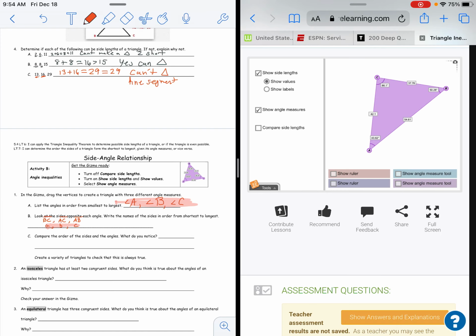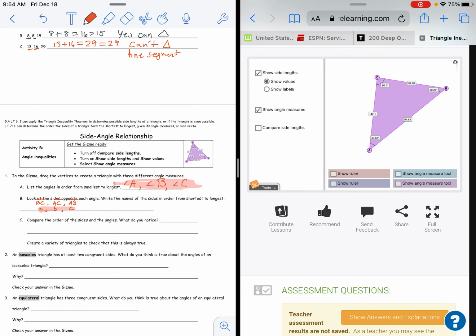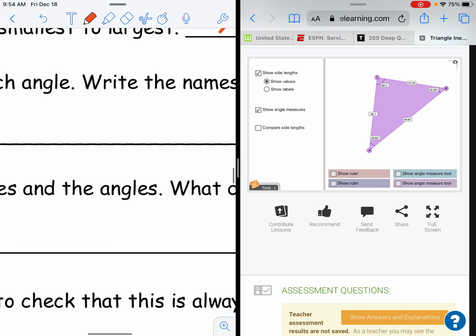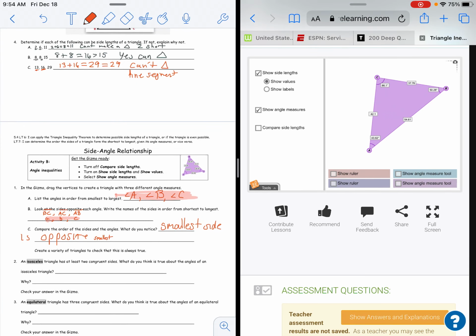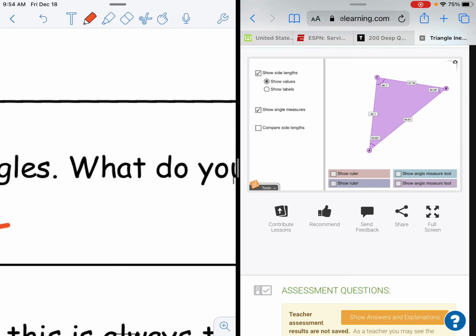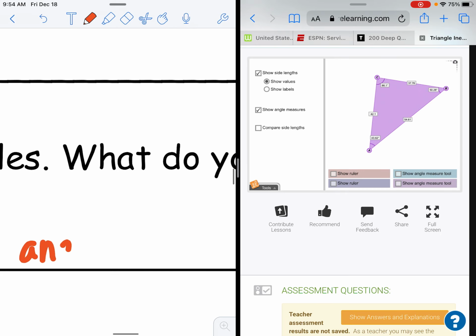Compare the order of the sides and angles. What did we notice? Smallest side is opposite smallest angle. Here, let me zoom in so I can write more. My handwriting's a lot nicer when I zoom in for some reason. I'm not sure why.